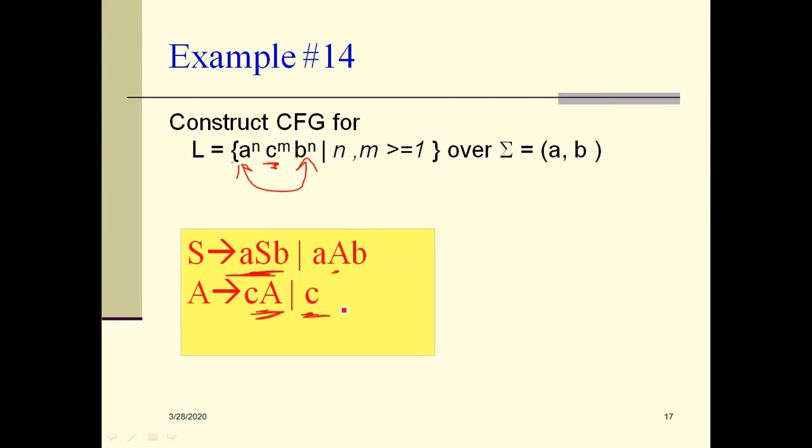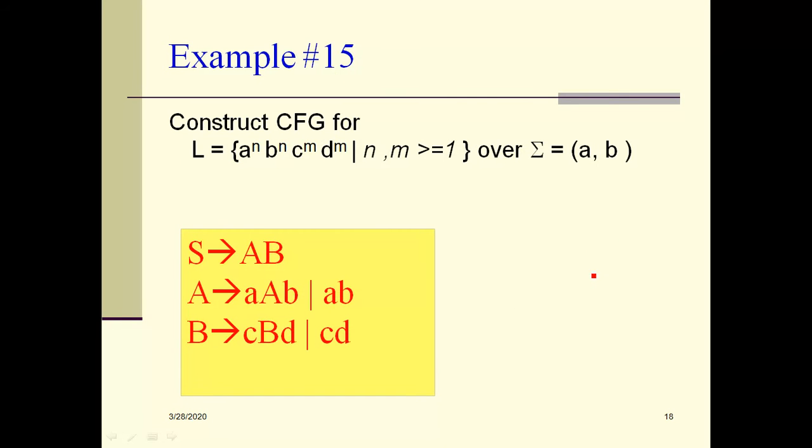You remember the earlier question we discussed, this is actually c plus, the positive closure of c. If it were c star, then A derives small c capital A, or empty. So this is the Kleene closure of c, right?